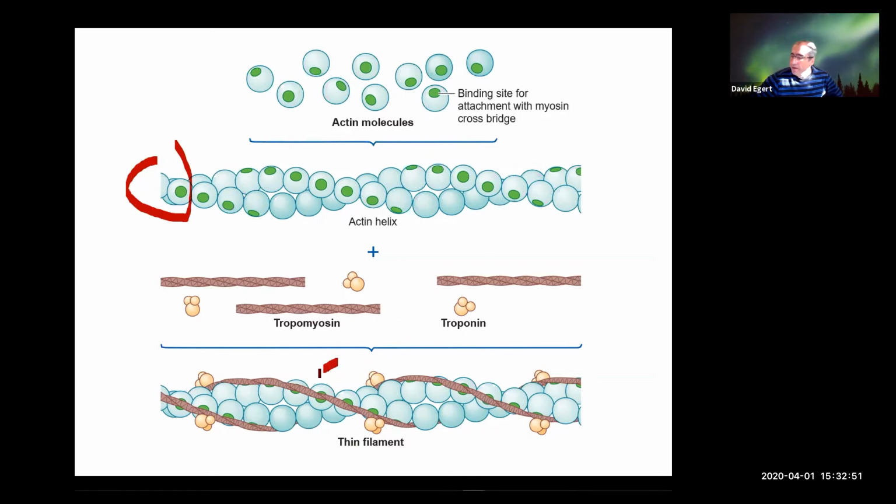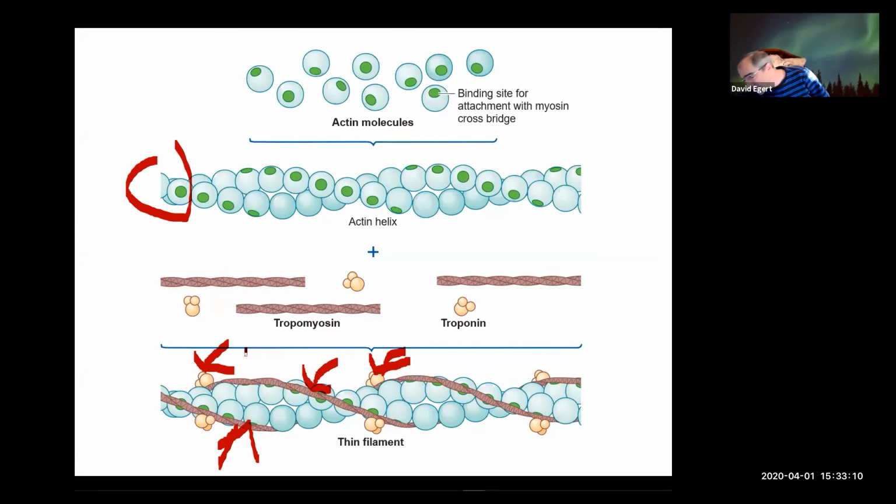This is showing the tropomyosin blocking the binding sites when you do not have the calcium around. The troponin, somebody was asking about the troponin here, is attached to both actin and tropomyosin.